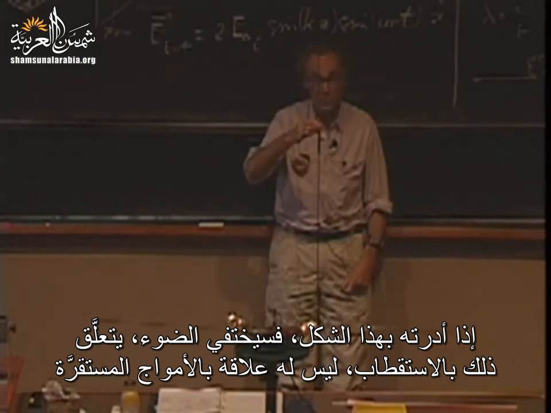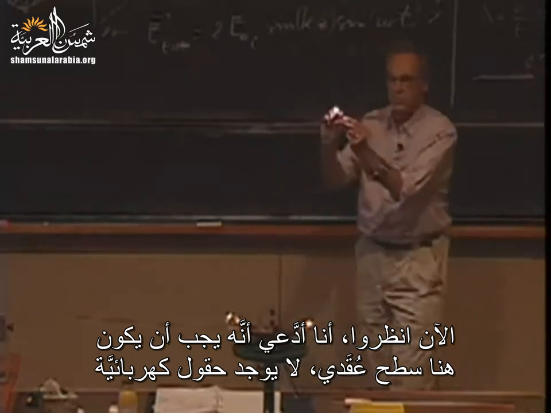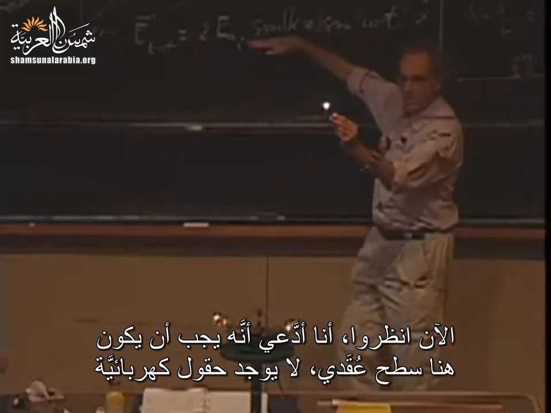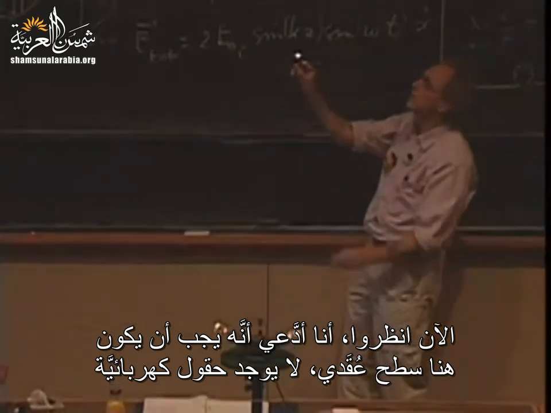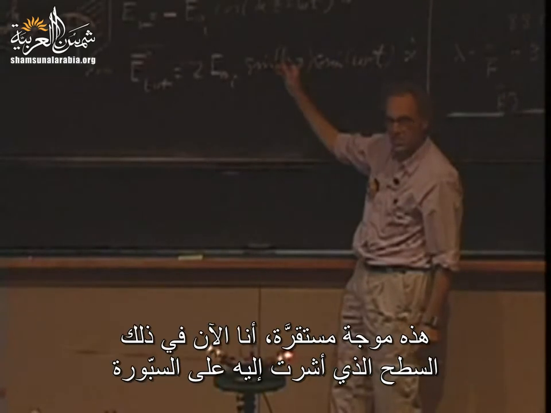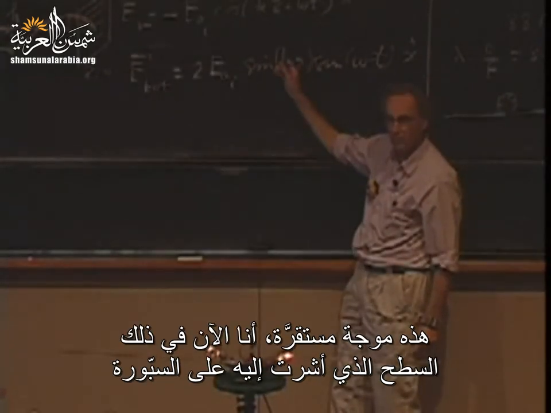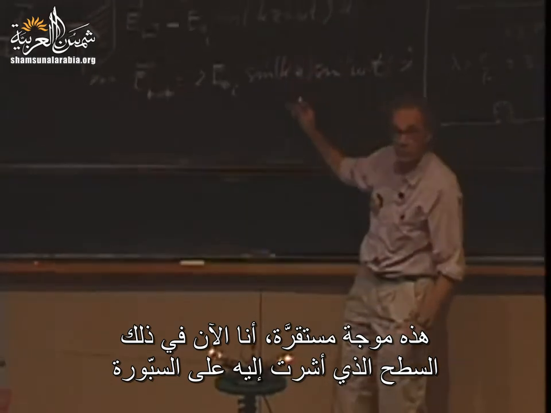It has nothing to do with standing waves, simply polarization. But now look, I claim that there must be here a nodal surface with no electric field. And there it is. Isn't that amazing? This is a standing wave that I'm building up. So I'm now in that surface that I pointed out here on the blackboard.